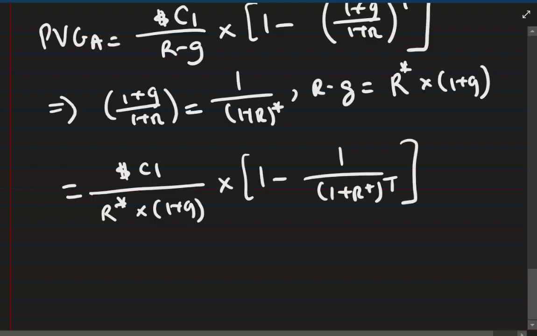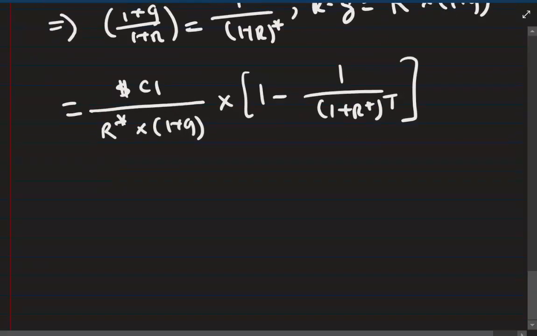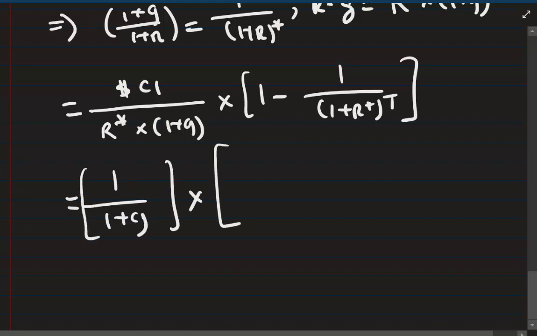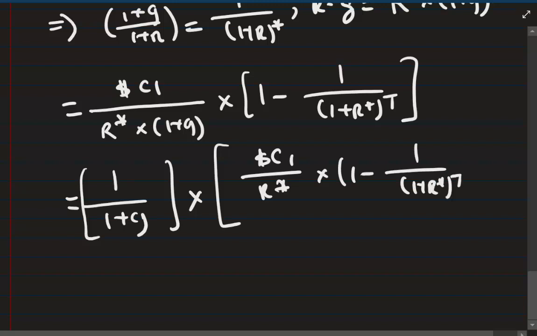In fact, if we wrote this as 1 over 1 plus G times C1 over R star times 1 minus 1 over 1 plus R star raised to the power T, this is a regular annuity where the payments are C1 for each period, but the discount rate is R star.